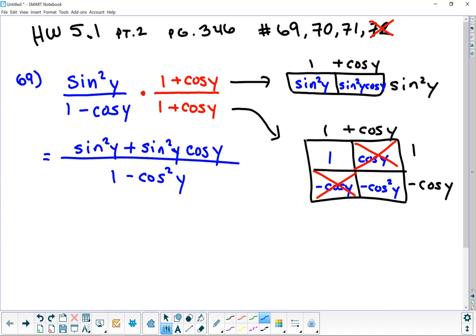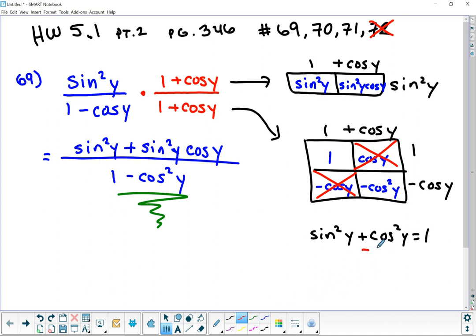Now that 1 minus cosine squared y is related to this trig identity, sine squared y plus cosine squared y equals 1. And if we want 1 minus cosine squared y, we would just have to move this cosine squared y to the other side.